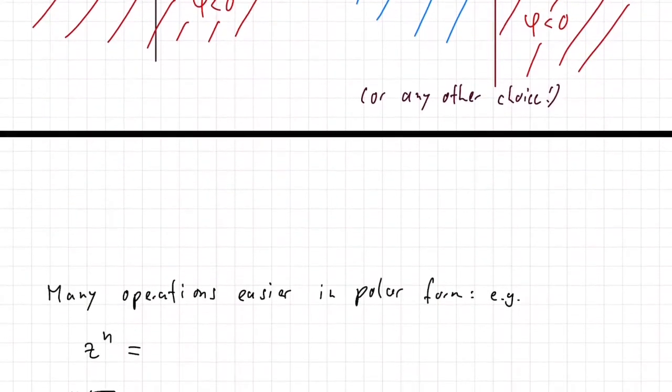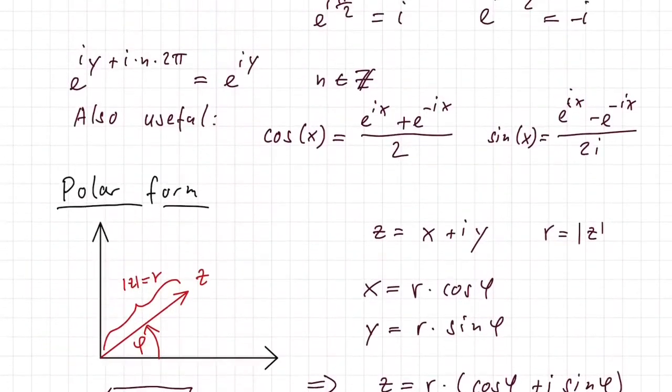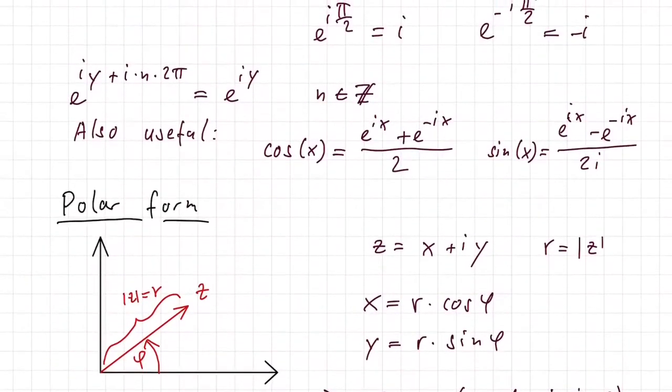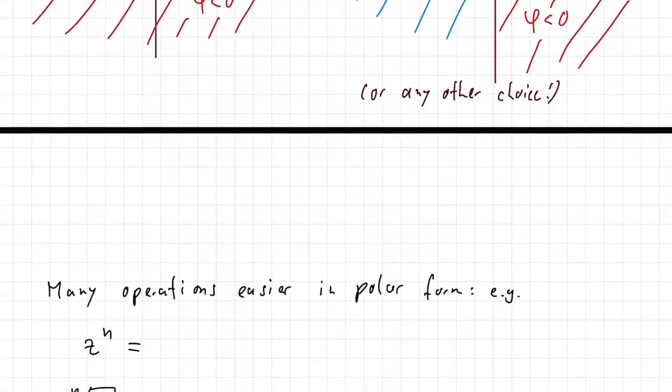So in particular, remembering what we had before, that this identity holds, that e to the i phi plus an integer multiple of 2 pi is actually e to the i phi again, we see that this angle phi that we have here is anyways only defined up to 2 pi. No?